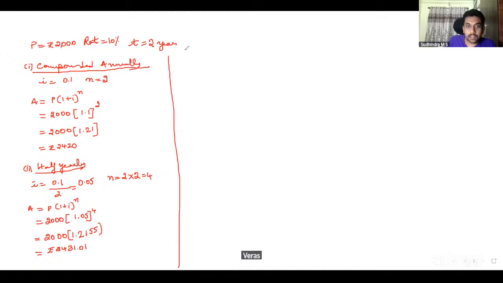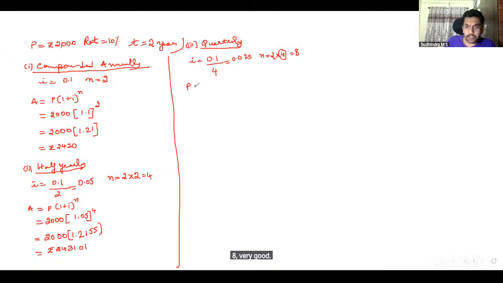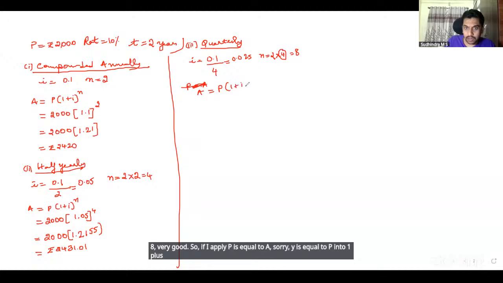Whereas if I go with quarterly, what is the value of I? 0.025. Very good. 0.1 divided by 4, which is 0.025. And what is the value of n? 2 into 4, 4 compoundings per annum, 8. Very good. So A is equal to P into 1 plus I to the power n.